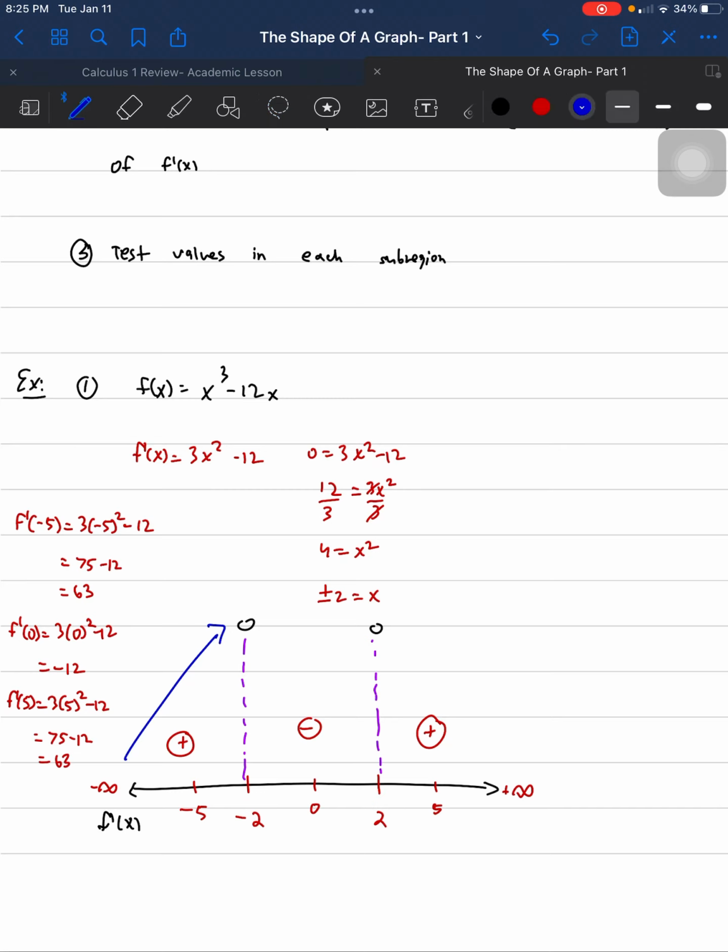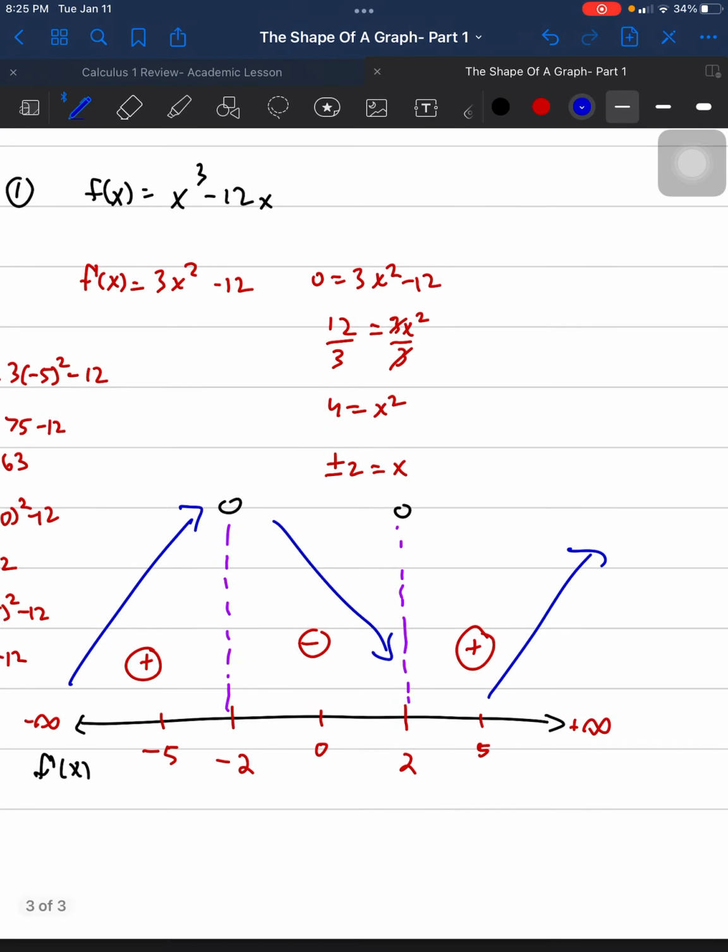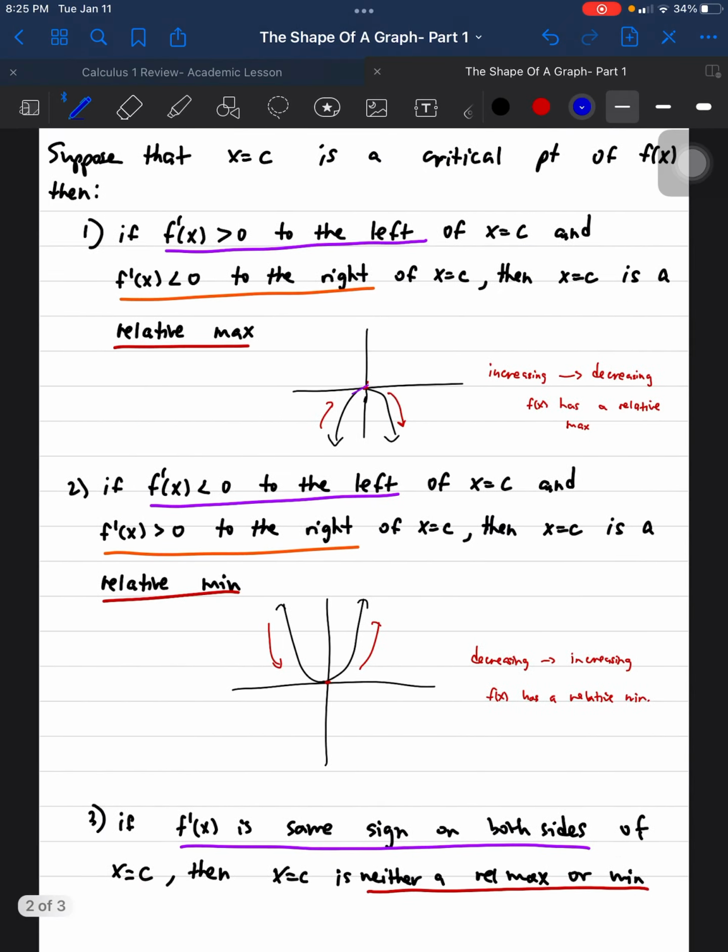Between -2 and 2, the function is decreasing. And between 2 and infinity, the function is increasing.